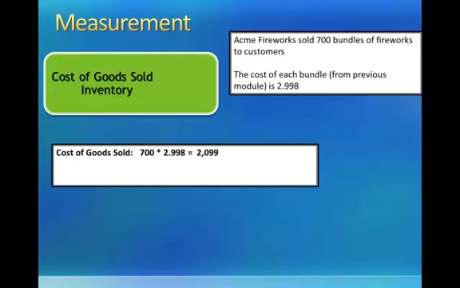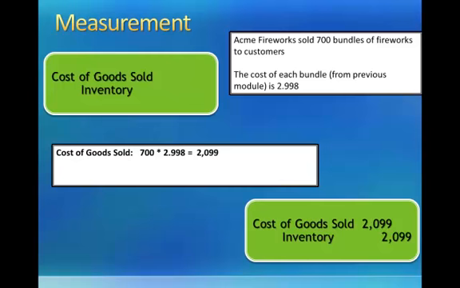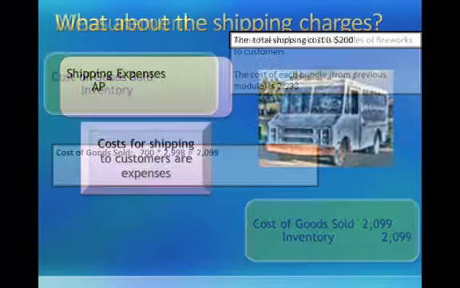So the cost of the fireworks that we sold, 700 bundles, 700 times 2.998, is equal to $2,099. So our journal entry to record the cost of goods sold and to lower our inventory will be for $2,099, the cost of the inventory to us when we purchased it.